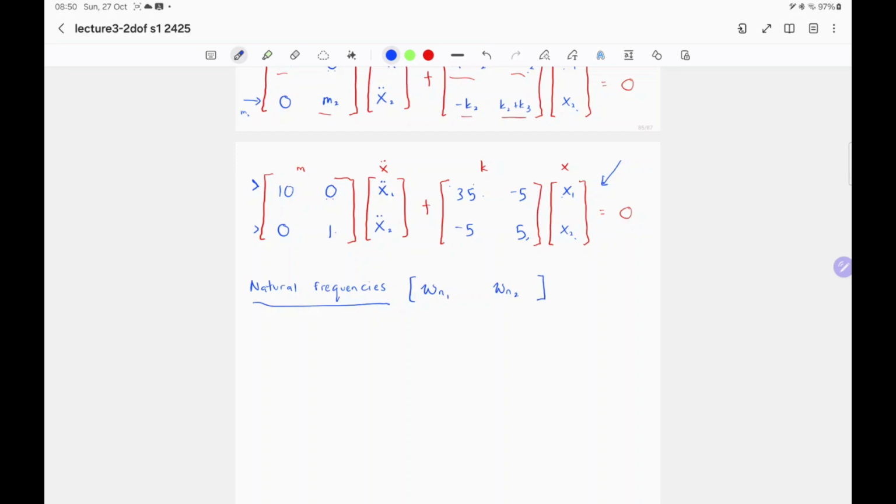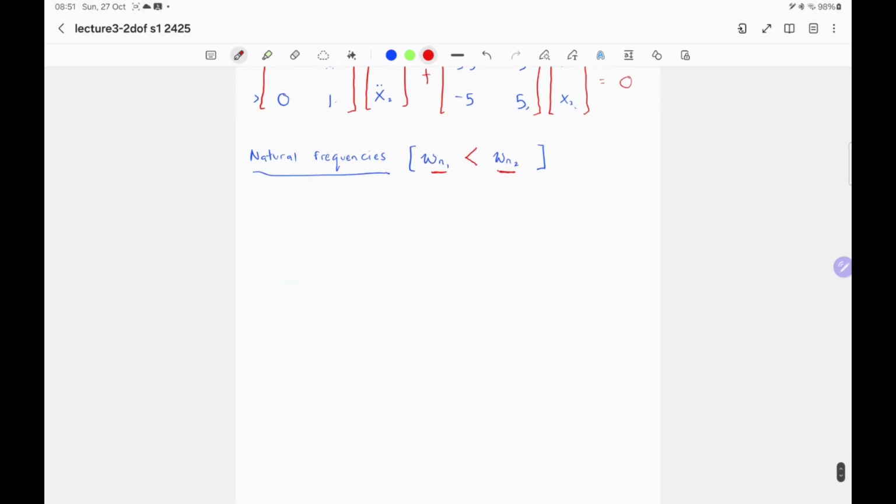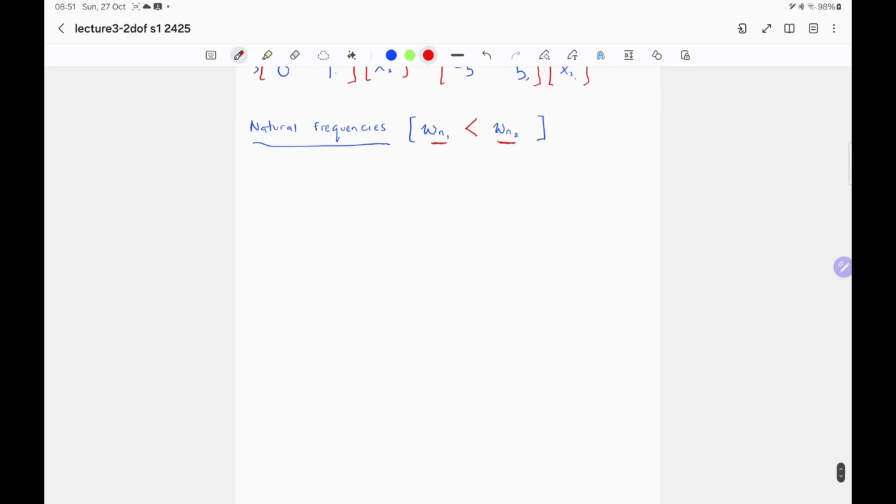You need to remember that omega n1 must be smaller than omega n2. Later on you will use your calculator to obtain these values. If you get two values, remember that the smaller value is omega n1 and the larger value is omega n2. So how do we find the natural frequencies?